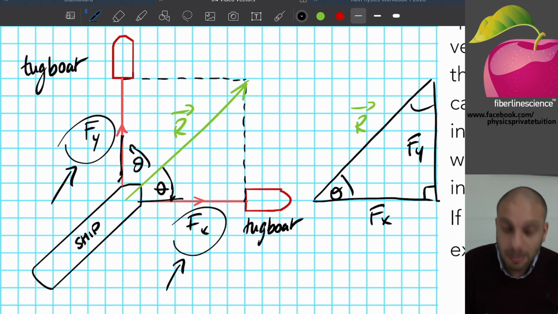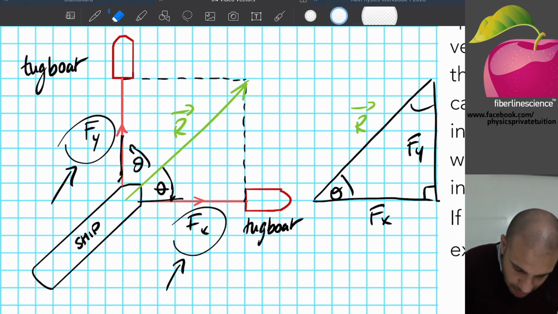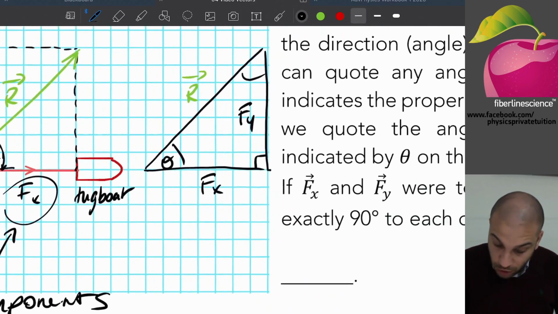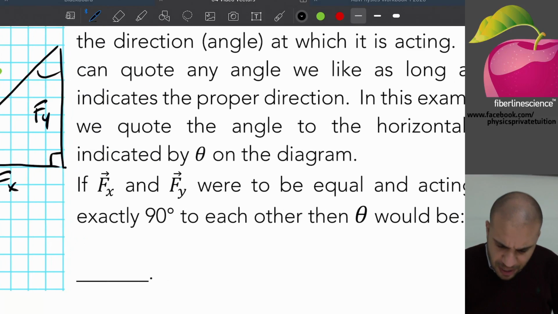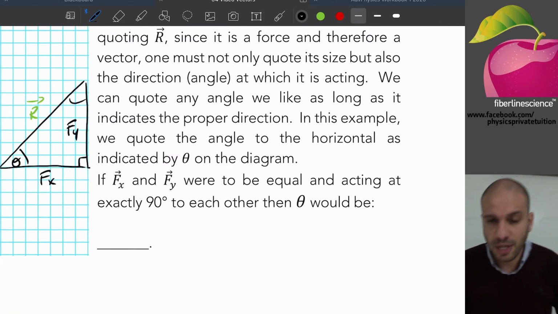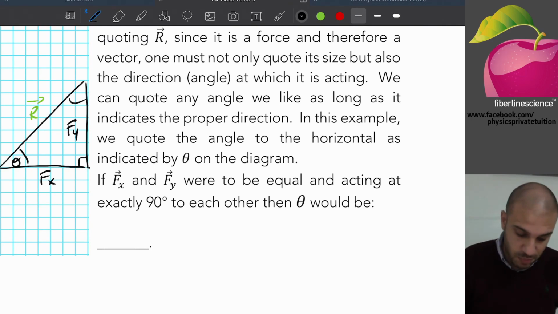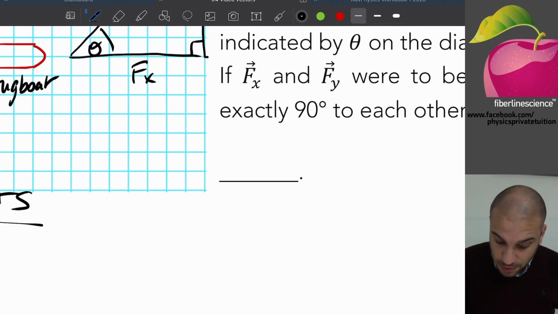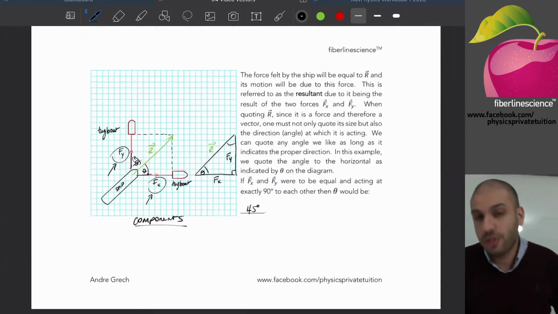But we labelled it touching the horizontal. If Fx and Fy were equal and acting exactly at 90 degrees to each other, then theta would very clearly be exactly in the middle of them, so in that case it would be 45 degrees.